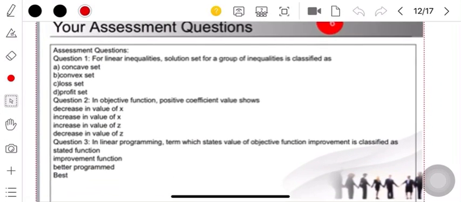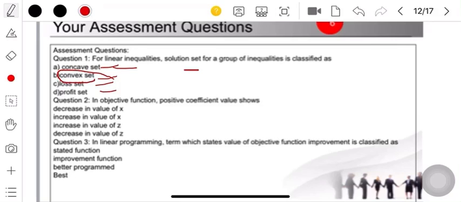Now these are your assignment questions which you need to solve. Question 1: for linear inequality, the solution set for a large group of inequalities is classified as concave set, convex set, loss set, or profit set. We already know that it should be a convex set.